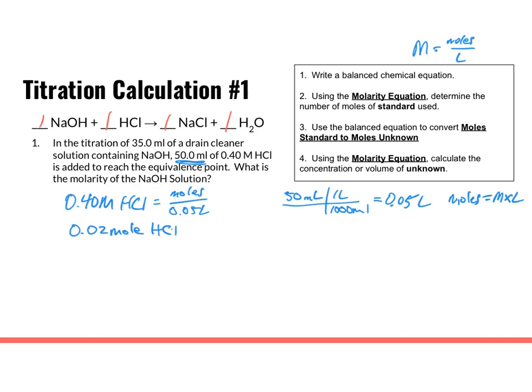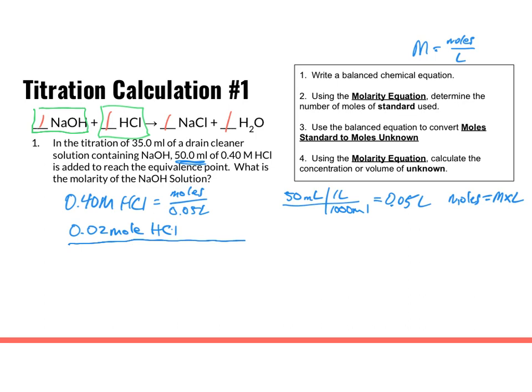And so now we're on to step 3. It says use the balanced equation to convert moles of our standard to moles of our unknown. Well, lucky for us, the equation really, if I highlight this, is a 1-to-1 ratio, right? So I'm trying to figure out this concentration of base. So what is my concentration of the NaOH? So let's just set it up, because it's not always going to be a 1-to-1.